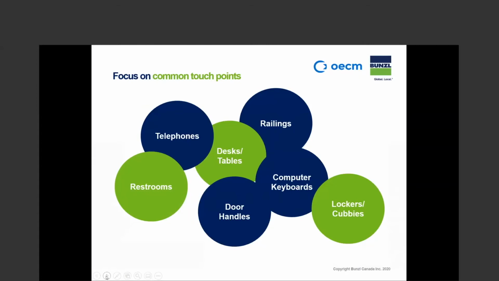Desks and tables, especially where the students are residing, and in some cases eating their lunch and doing a number of things all from that space. The railings and touch points within a facility, that could be going up a set of stairs, or in a hallway. The computer boards and keyboards are an area of concern.